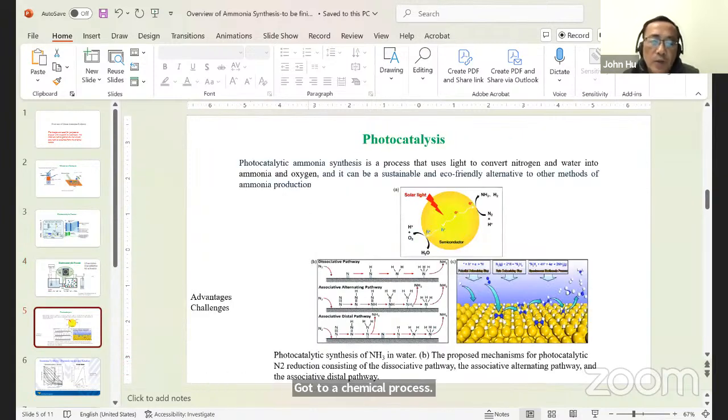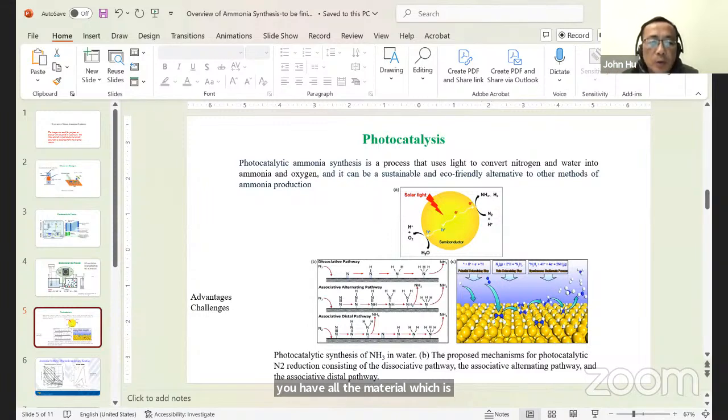So today, let's continue. There's another method to make the so-called green ammonia. You basically use sunlight, so-called photocatalysis. Photocatalysis means you have a material which is photo-sensitive.